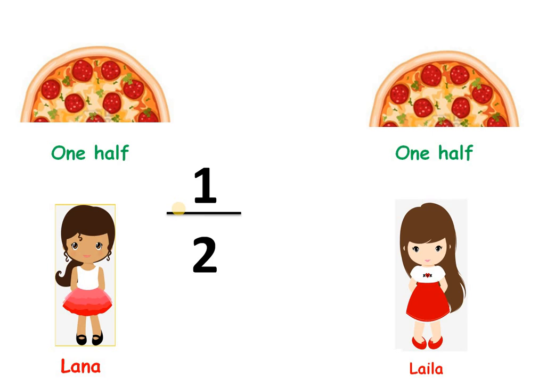If we divide anything into two equal parts, then we read the fraction as 1 over 2 or half. So 1 over 2 is half. Remember, all the parts should be equal to write the fraction.